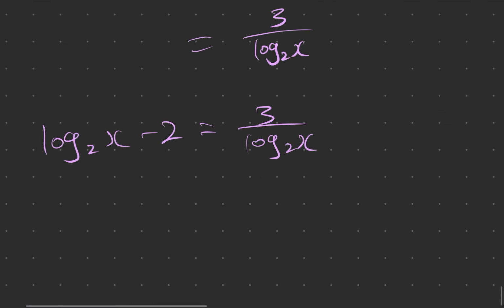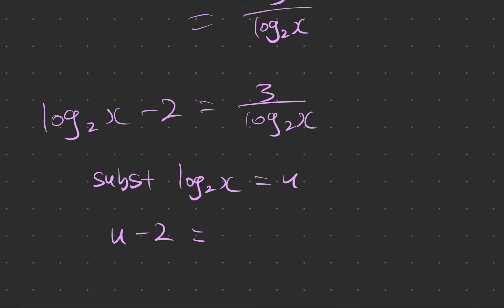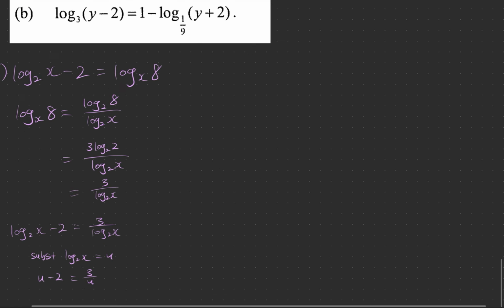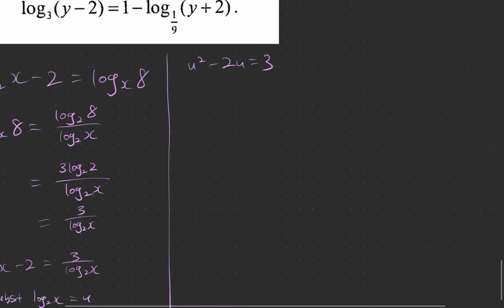So now I have log base 2 of x on both sides, so I can substitute the value log base 2 of x for u. So u minus 2 equals 3 over u. I'm going to multiply all the sides by u, so I'll get u squared minus 2u equals 3.